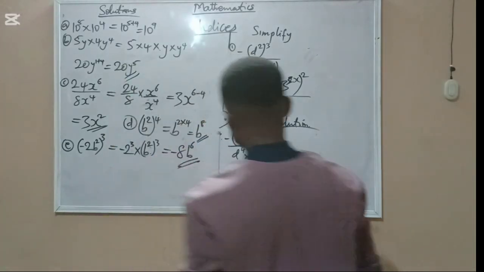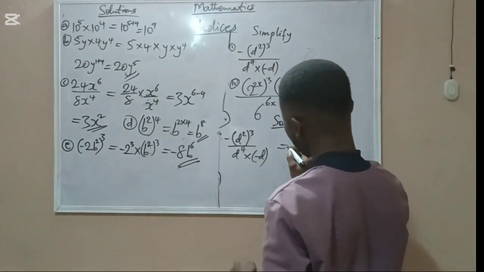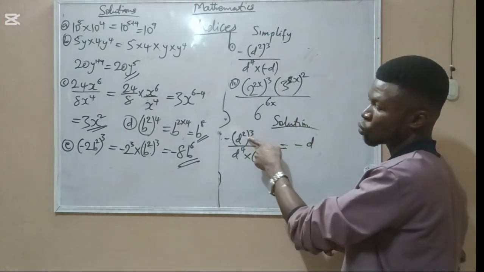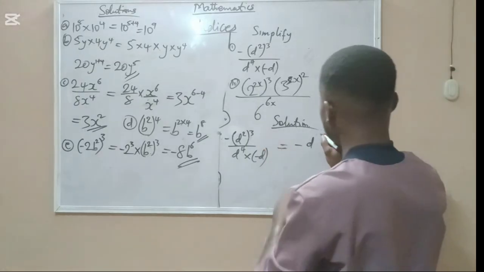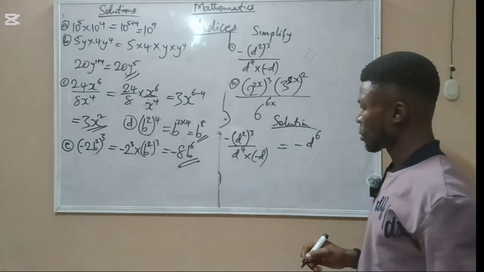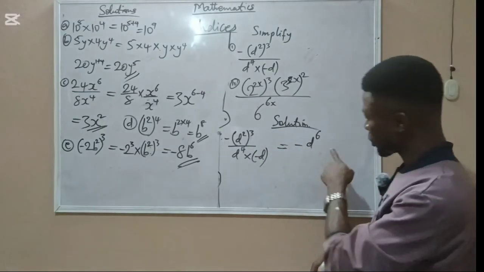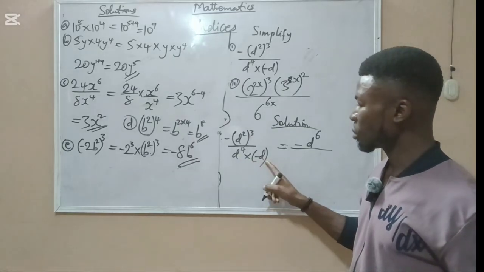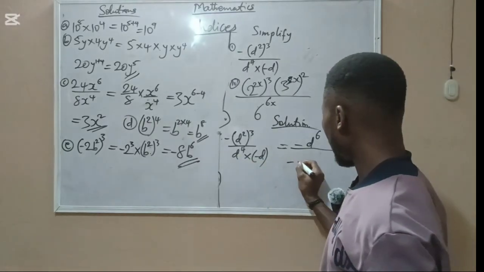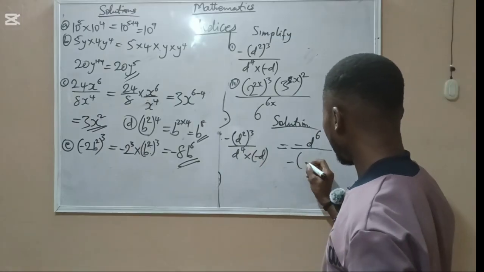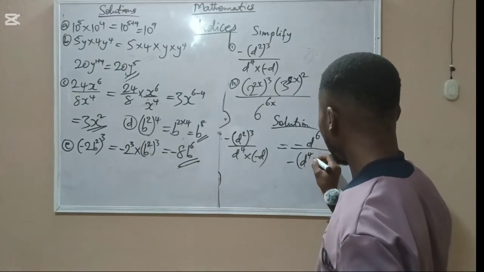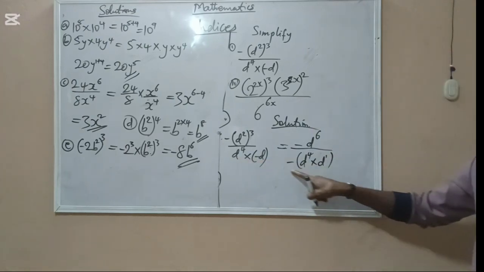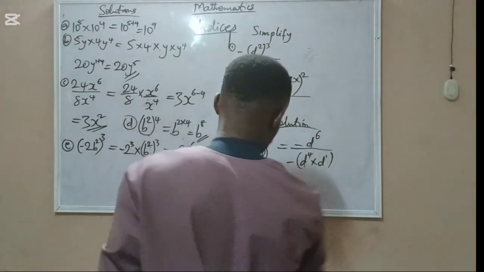Now this is the same thing as minus d to the power 2 times 3, raised to the power 6, all over d^4 times minus d. And this is the same thing as minus in bracket, because I'm multiplying the two, minus d^4 times d^1. This and this, they are the same.